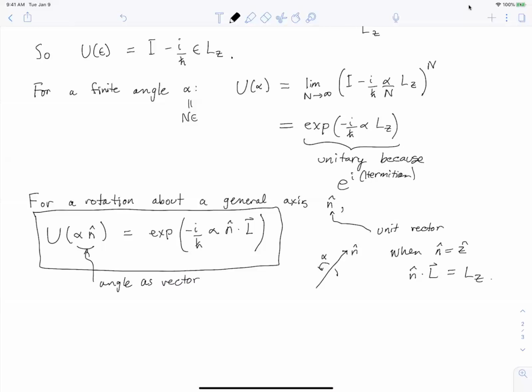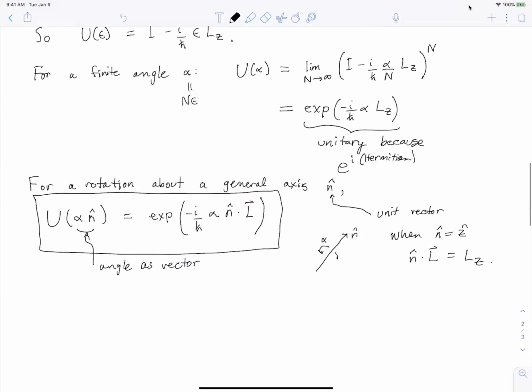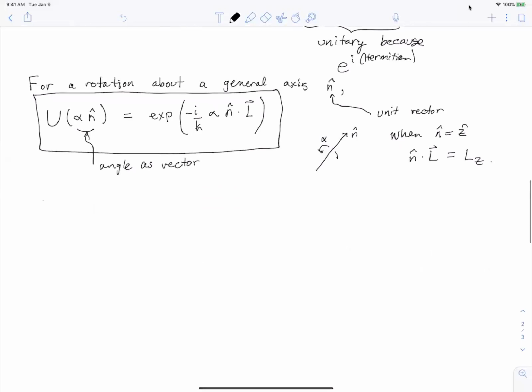Okay, so when we derived this for the z direction, we used rectangular coordinates, but we could just as easily use cylindrical or spherical coordinates. So we could also consider this same operator in cylindrical or spherical coordinates.